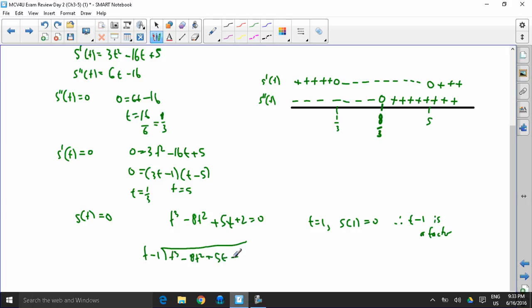Plus 5t. Divide there. Minus t squared. Let me just get a little more space. All right, some technical problems, but now I got a little more space. And then subtract.